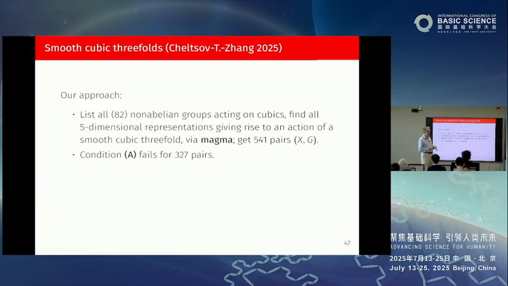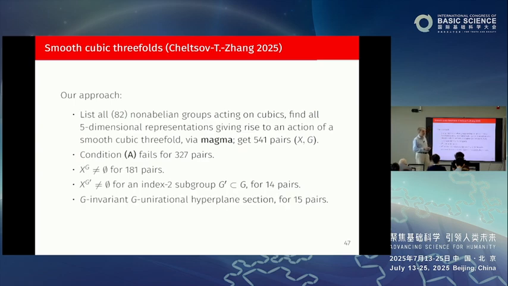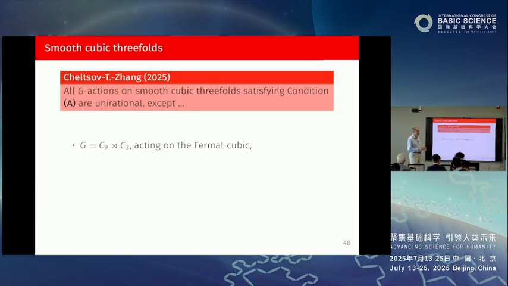We check condition A, it fails for so and so many. We check fixed points again. We check fixed points on index 2 subgroups. We look at invariant hyperplane sections. Then all of these cases will give us unirationality constructions. And then there is a result.